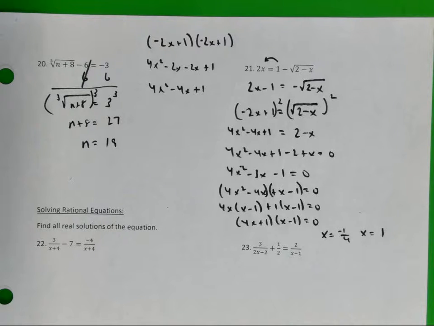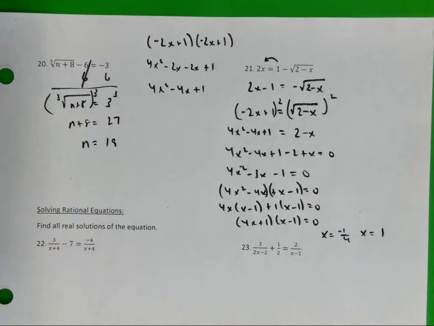When you take a function and go from one function to another function and you get more than one answer, it is imperative that you check to see if those solutions work in the original. The reason is that you went from one type of function to another. So those two are solutions to the quadratic, but they might not be solutions to the original. You only have to worry about that when you have two answers. I'm going to tell you one works and one doesn't in this case, and that's why we have this life lesson.